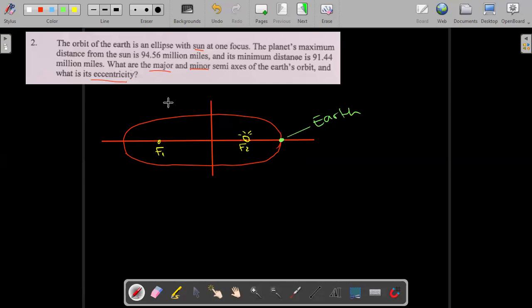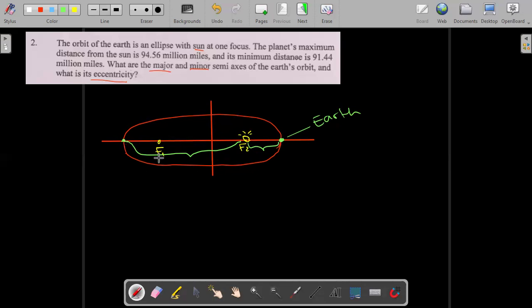If the Earth continues to move and touches here, the distance from here up to the Sun is going to be the maximum distance. This distance is bigger than the distance from here to this part here. So when the Earth is here, this will be the maximum distance, and when the Earth is here, this will be the minimum distance from the Earth to the Sun.